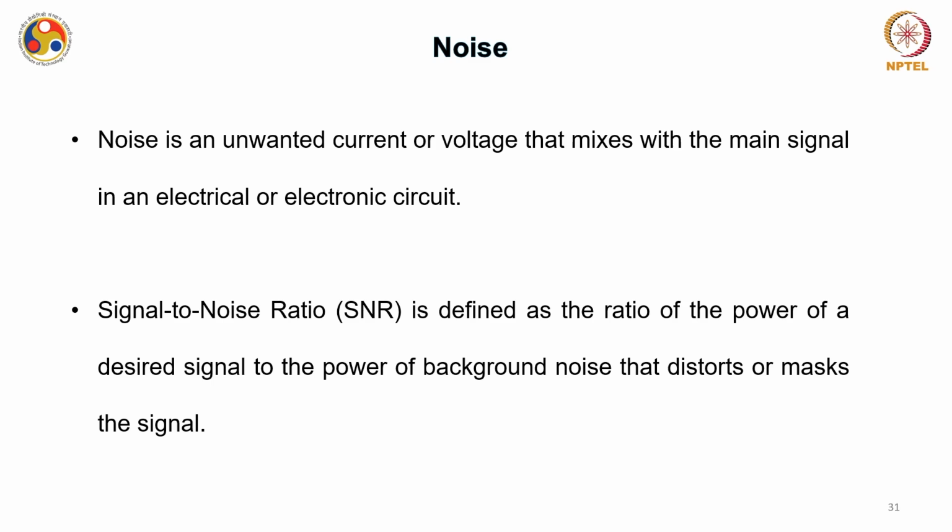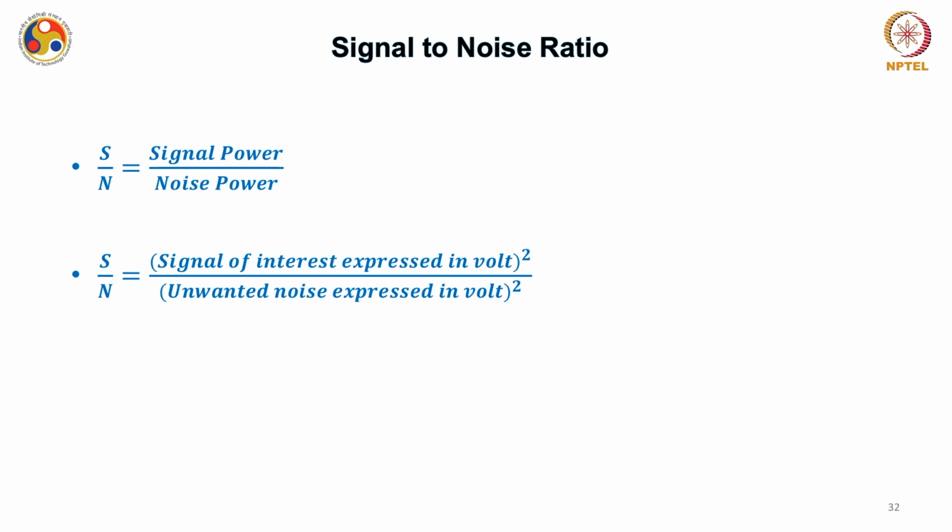The signal to noise ratio is defined as the ratio of the power of a desired signal to the power of the background noise that distorts or masks the signal. It is an indication of the domination of noise in a signal.